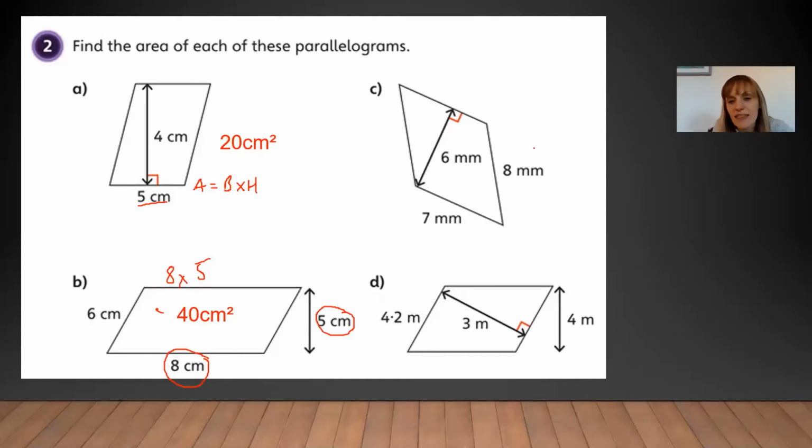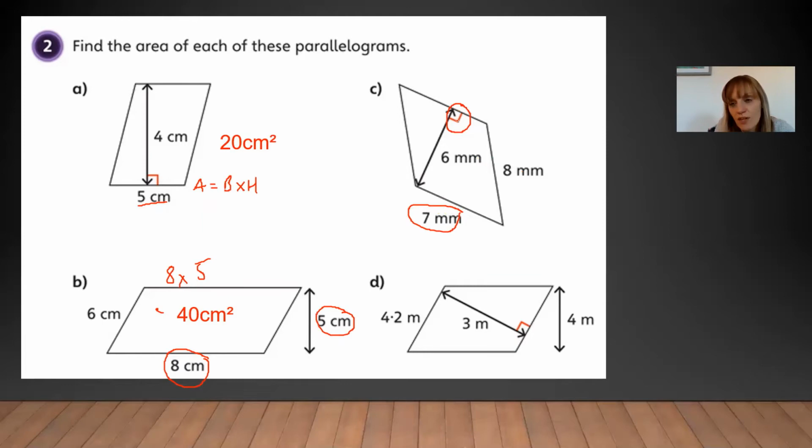Now on C, again, this is a little bit confusing because when I first looked at it, I thought, oh, my base is here. This is my baseline, 7. Now, 8 looks quite straight, so is that my height? But then I thought, no, actually, I know that 6 is my height line because look, it's meeting here. This is the important part. It's meeting the baseline or the opposite baseline to the measurement we know.